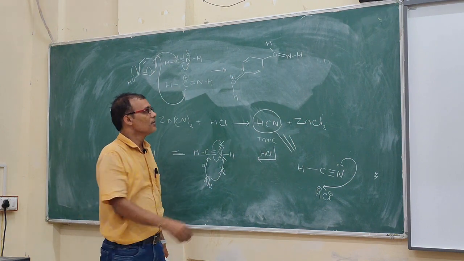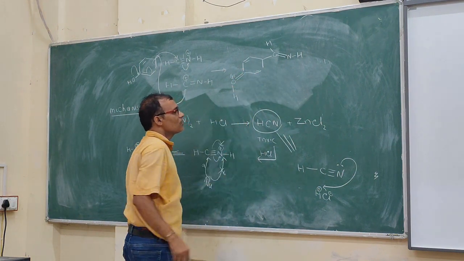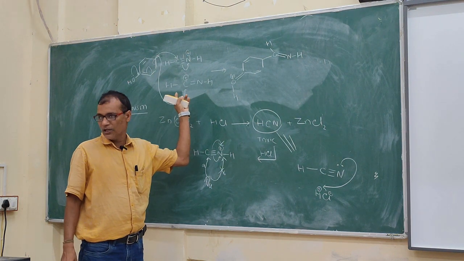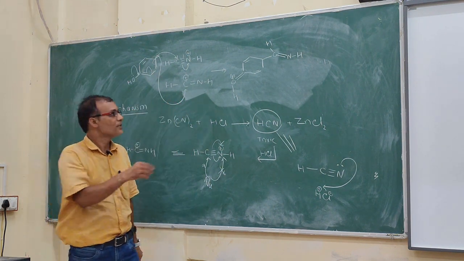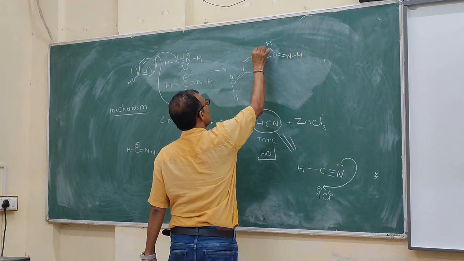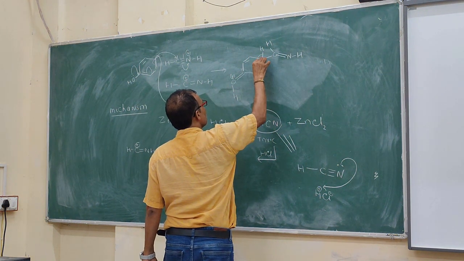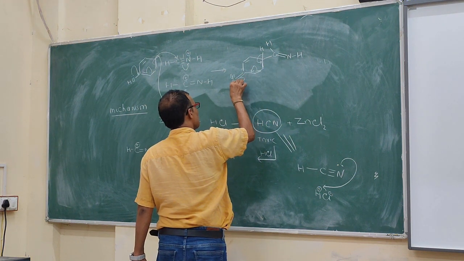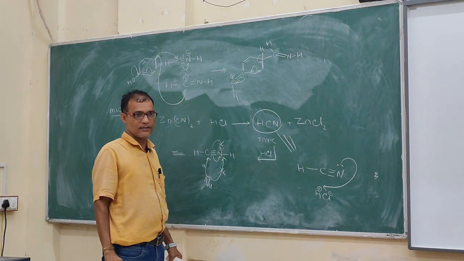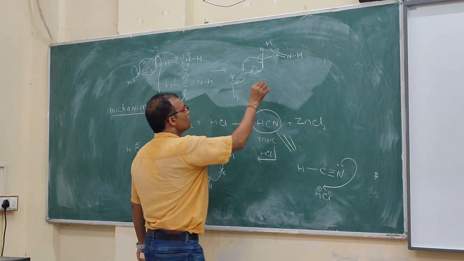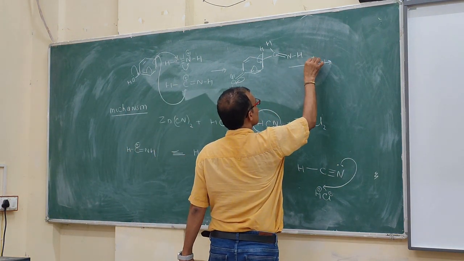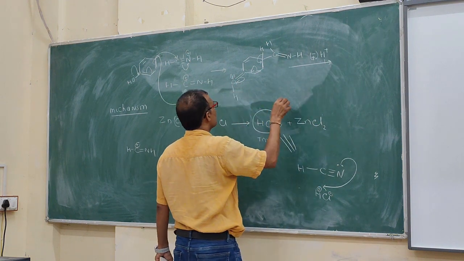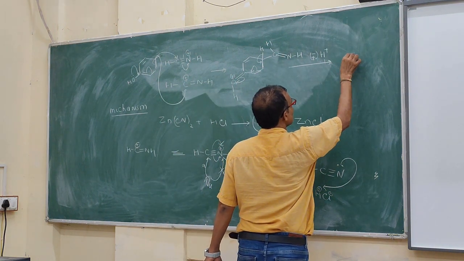Okay. So now what will happen? Now the ring has lost aromaticity due to this addition. So you will lose that proton again. That means you have a proton here, and that proton will be lost, again neutralized. You get it? So you can put minus, plus, H plus, and you will have this.